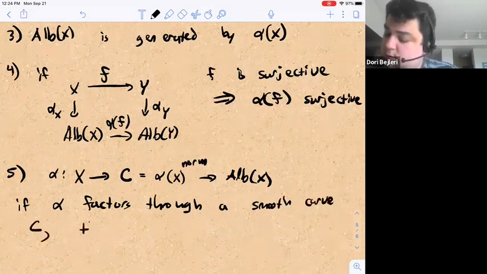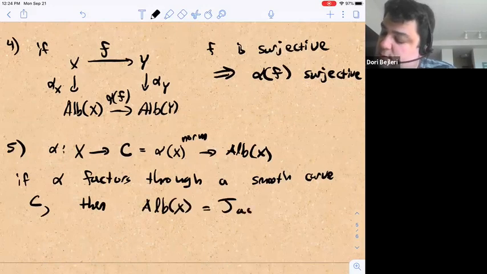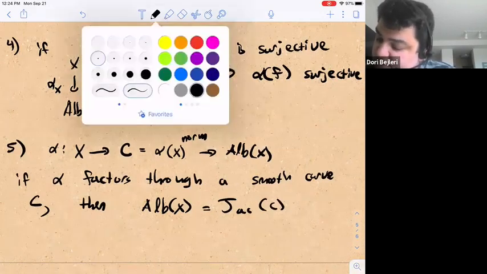Then the Albanese of x has to be the Jacobian of C. And so in particular, the genus of C is the same as the irregularity.